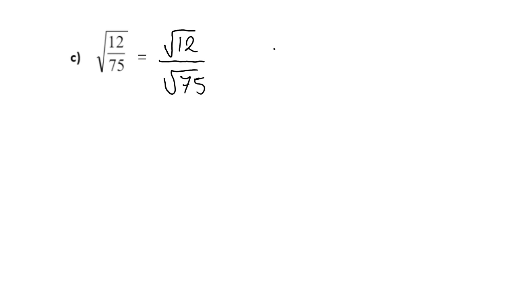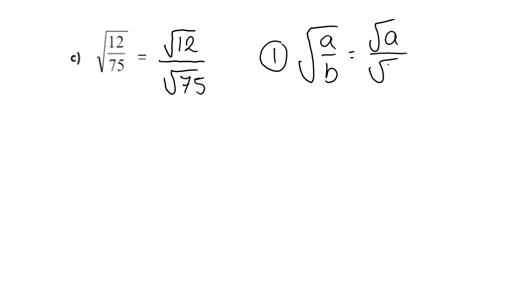And that was from rule 1 right at the beginning, where we have the square root of a over b is the same as root a over root b. Okay, so that's the first rule. That allows us to now look at individually the square root of 12 and the square root of 75. What we'll need to do is simplify both of those individual surds.